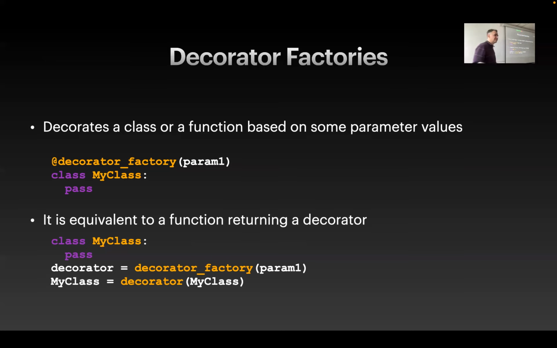Question? Yes. So what is the advantage of using the decorator factory? The decorator factory is used basically when you have to decorate functionality that depends on some parameter, right? Well, you can also define it as a function and then call it as a decorator. That's fine.